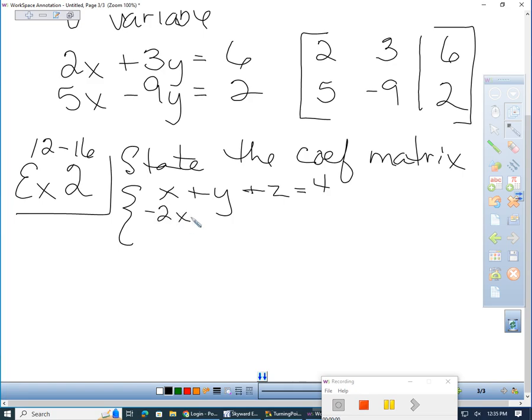Negative 2x plus 5y minus z equals 2. And then 6x plus y plus 2z equals 3.